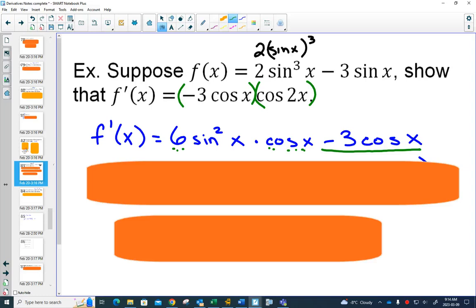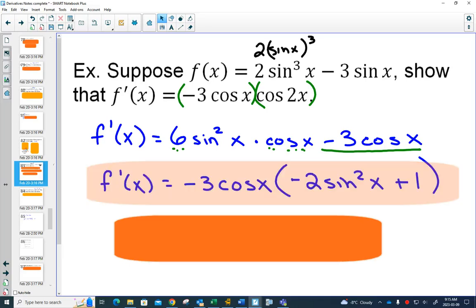But because I looked at the show that, and also saw the negative out there, instead of, like normally I would say, if you were factoring this, you should take a 3 and a cos x, because that's what's in common. But anytime you want, you're allowed to take out a negative. So why not take the negative 3 cos x, because it matches up with what was in our final answer.